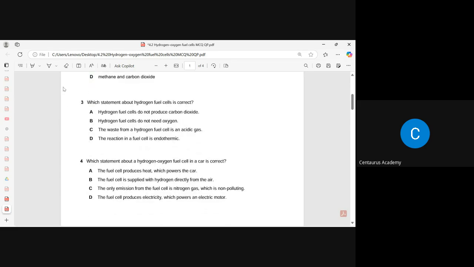Look into question number 4. Tell me the answer for this one. Is it going to be A, B, C, or D?